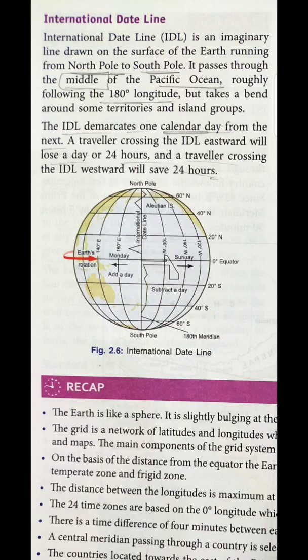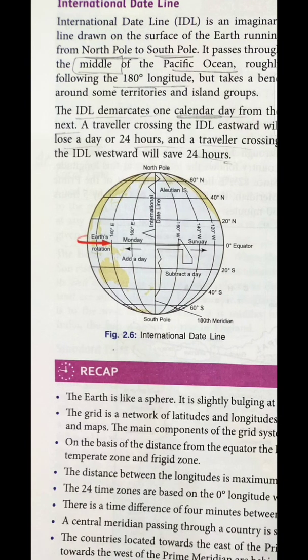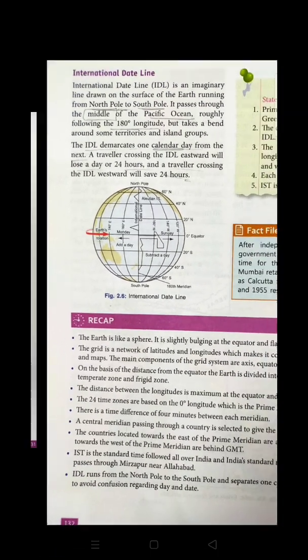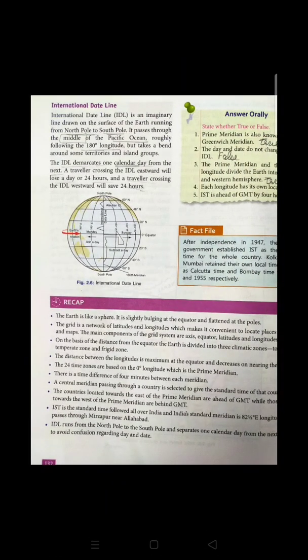This international date line separates one calendar day from the next, and a traveler crossing it eastward will lose a day or 24 hours, and a traveler crossing it westward will definitely gain a day, that is 24 hours. So definitely the date also varies.